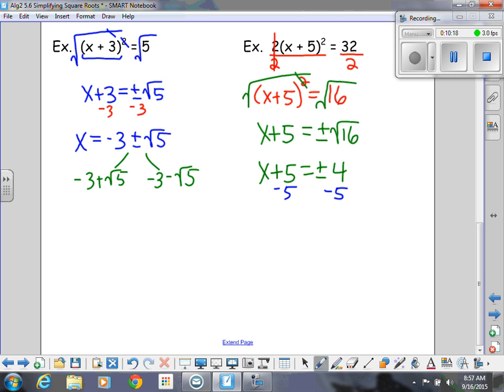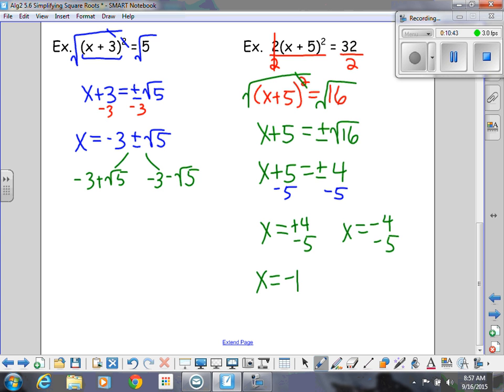So now here, I can actually combine these together. I'm going to have a positive 4 minus 5, and I'm also going to have a negative 4 minus 5. I have both of those things. Since they're both not underneath the square root, I can actually figure out what that is. So 4 minus 5, that gives me x equals negative 1.